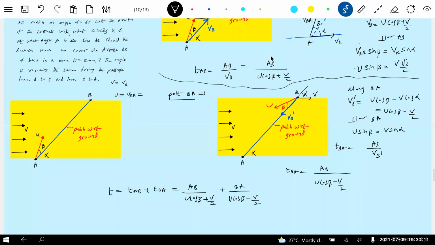Somebody should give me the final answer. Eight meters per second is what I have as speed. U is 8 meters per second. Check it. The beta you have to verify. I don't have the answer. Approximately 12 degrees, I do remember.